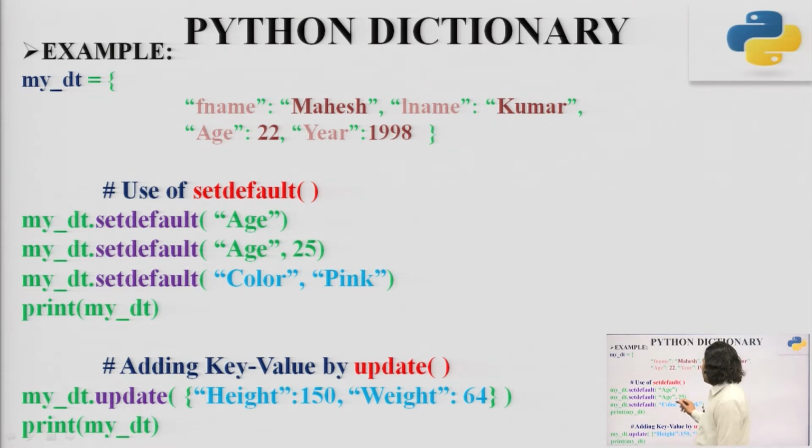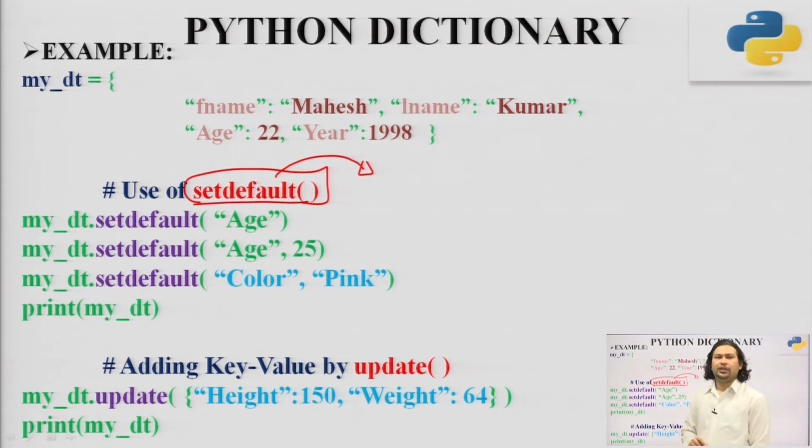The next method is setdefault. Setdefault is just like it sounds: whatever key elements we are referring to, we are going to set the values as default for those keys. Now, it only works if the key element is not present in your variable.